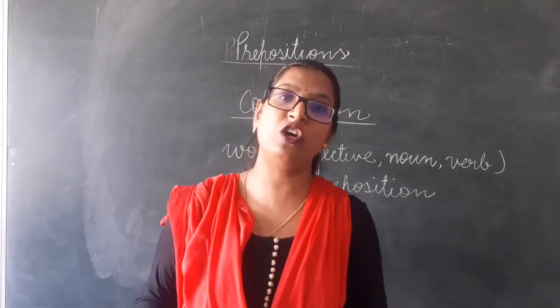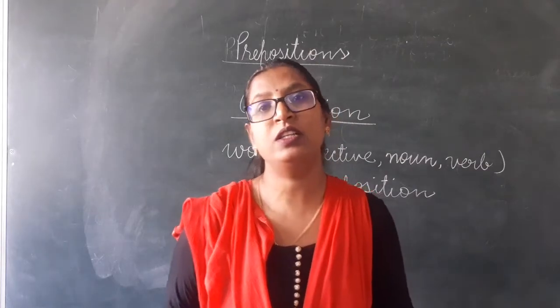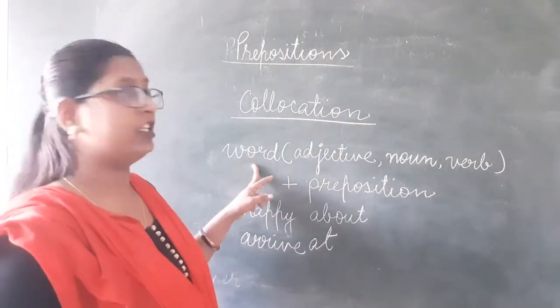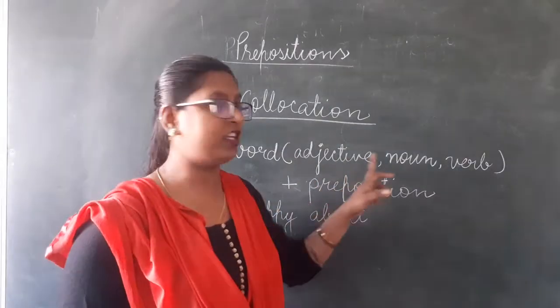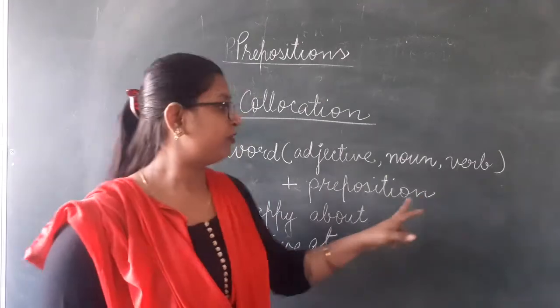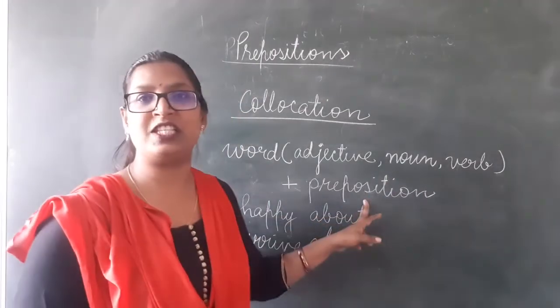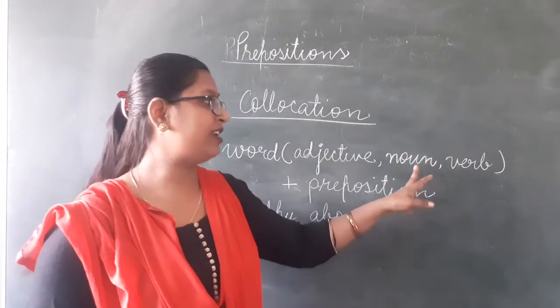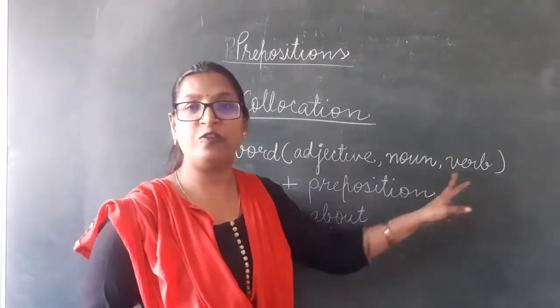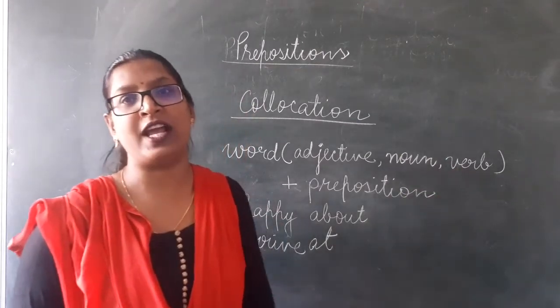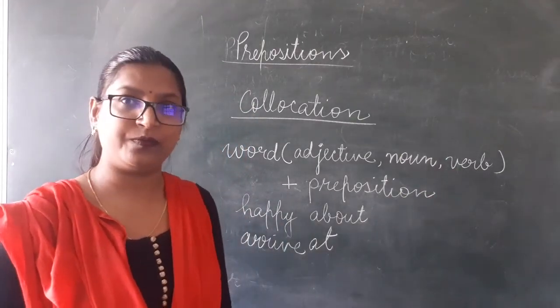The word can be an adjective, a noun, or a verb, plus the preposition. Adjective plus preposition, noun plus preposition, or verb plus preposition. This combination is known as collocation.